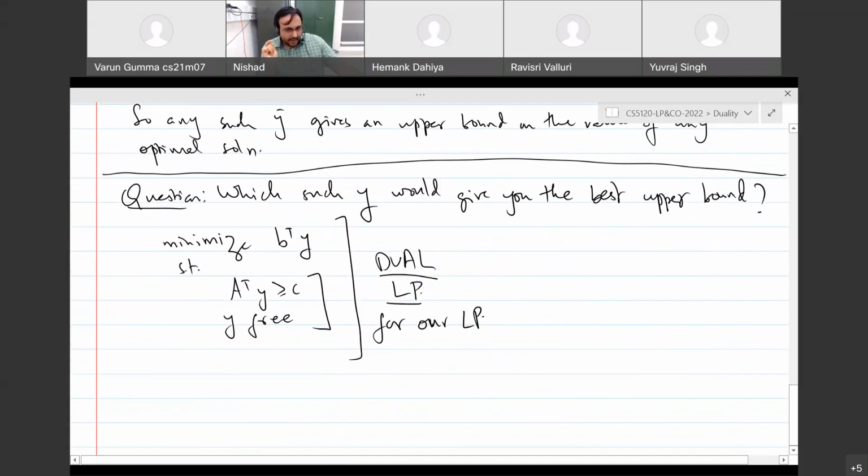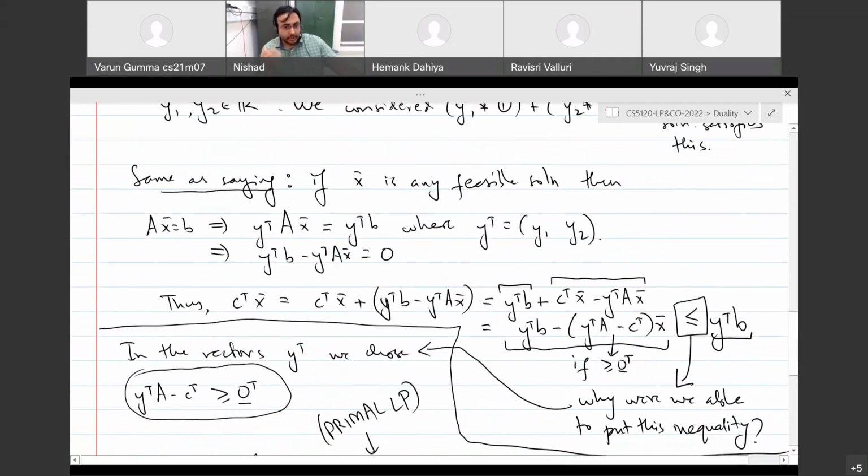If you have any feasible solution for the primal LP, X bar, and any feasible solution to the dual LP, Y bar, then C transpose X bar is less than or equal to B transpose Y bar. The value of a primal LP feasible solution is always less than or equal to the dual LP feasible solution. Basically, we proved all of this here. So looking at these notes, you should be able to write down a complete proof of this theorem that I'm about to write down in full detail.